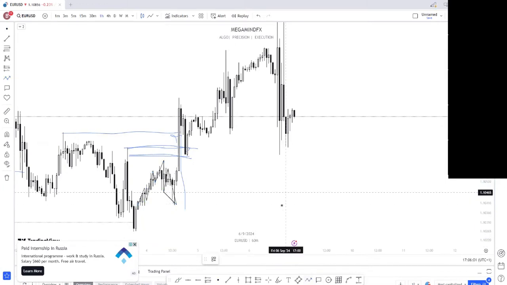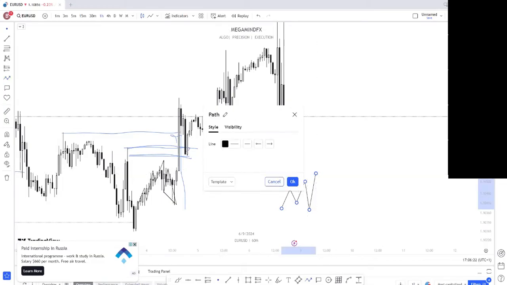If you have something like this, especially on the H1, it is meant to react. No matter how small, even if it's an internal structure on the 1H, you are supposed to have a reaction. If it takes out a liquidity, you're supposed to have a reaction. But if this is happening internally, this is what I call internal liquidity, because price uses this to build a lot of strong levels for continuation.